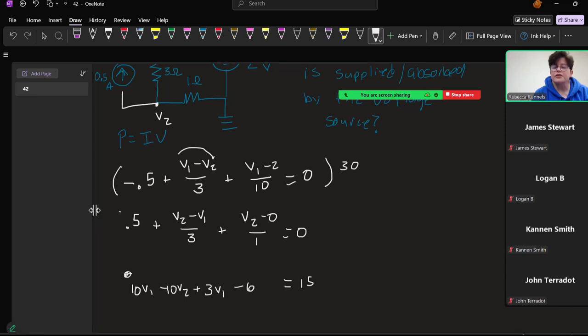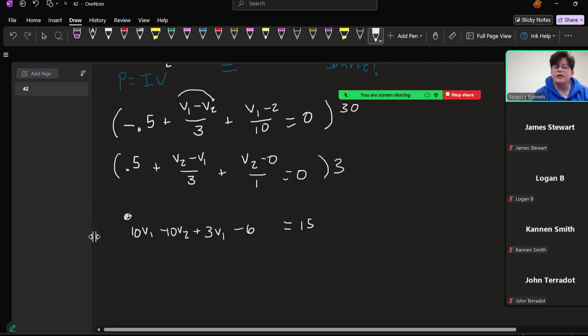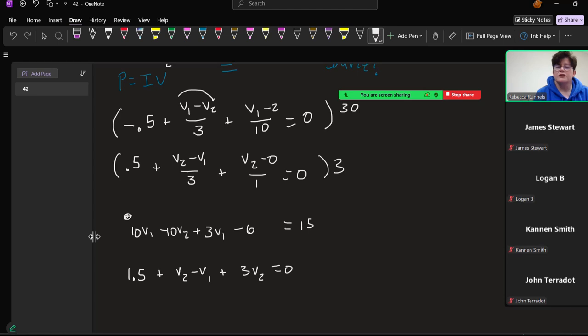And then the bottom equation, I'll multiply through by 3, and I'll get 1.5 plus V2 minus V1 plus 3V2 equals 0. So then this becomes 13V1 minus 10V2 equals 21, and negative V1 plus 4V2 equals negative 1.5.